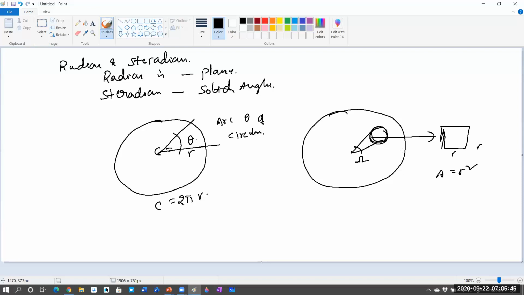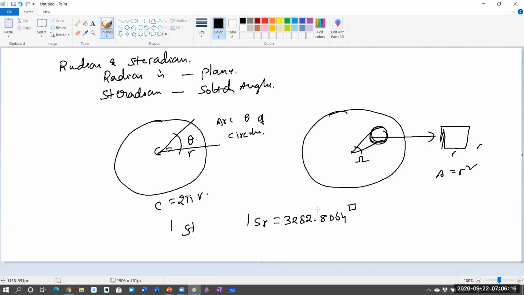Now coming back to the picture, that is the complete scenario. So one steradian, that is one SR, equals 3282.8064 square degrees.